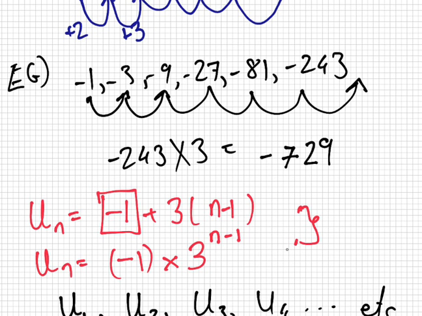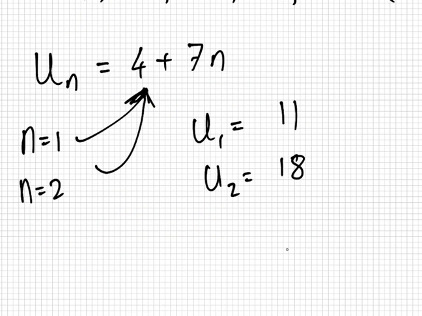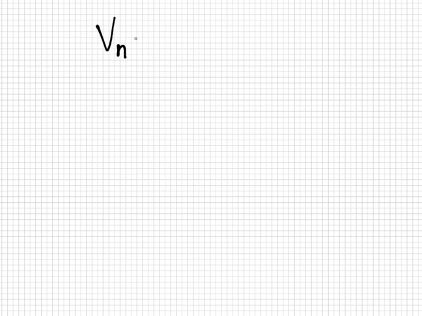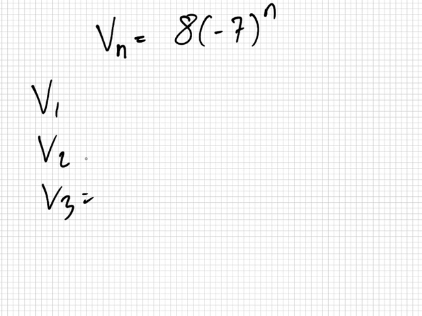So, you can see in number 2, I just want the first 3 terms, and I did 2a for you. So can you tell me the first 3 terms for 2b? Okay, look at 2b. So what are the first 3 terms in that sequence? Vn equals 8 times minus 7 power n. So I want the first, the second, and the third term.